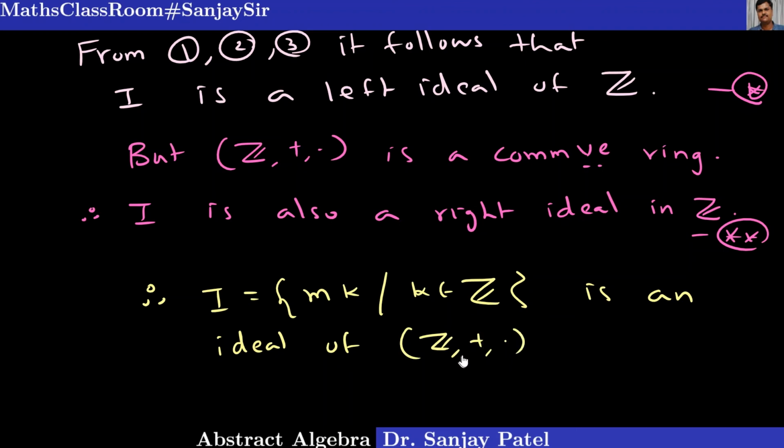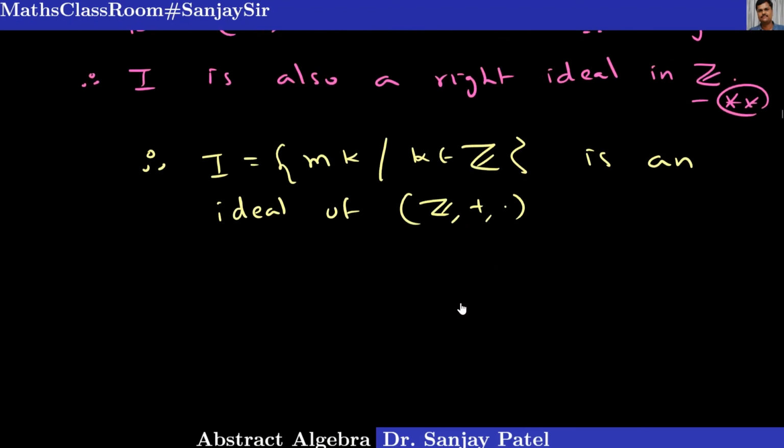And remember, this ideal is also denoted by m into Z. Let me write in a new line. This ideal I, which is a very, very important example, is the same as m into Z. Another notation for this set.